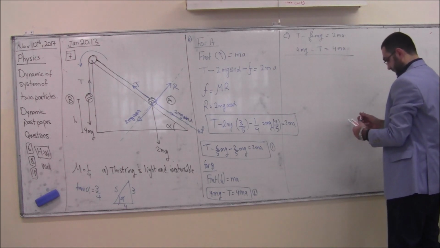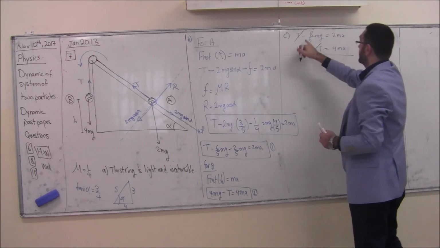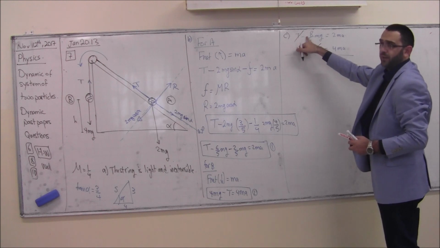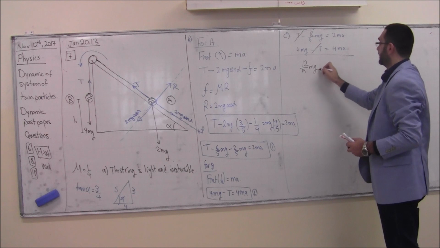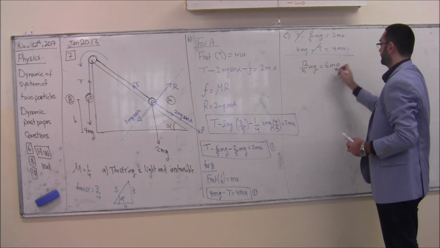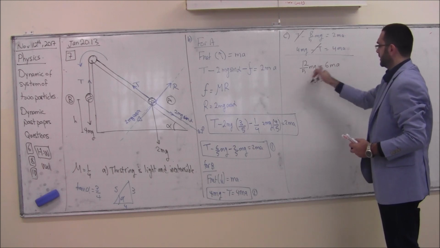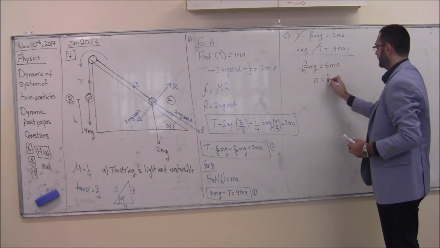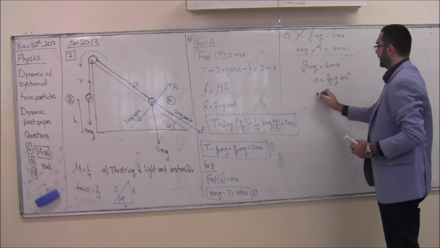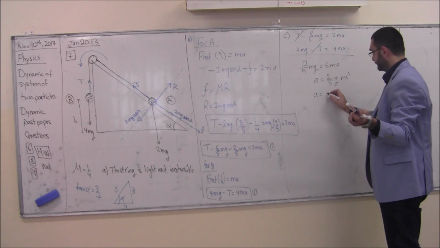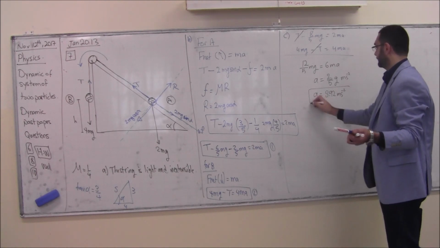Add them: T cancels T. 4mg minus 8 over 5 mg, which is 12 over 5 mg, equals 6ma. So a equals 2 over 5 g meters per second squared, equivalent to 3.92. We will use it now as we go forward.